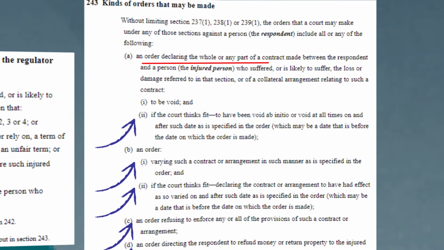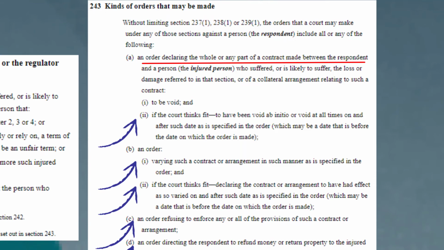An order declaring the whole or any part of a contract made between the parties, or a collateral arrangement. So not even the main contract, a collateral arrangement between the parties, to be void, or if the court thinks fit, to be void ab initio or void at all times on and after such dates specified in the order. So you might actually just have the arrangement being void on and from a certain date.